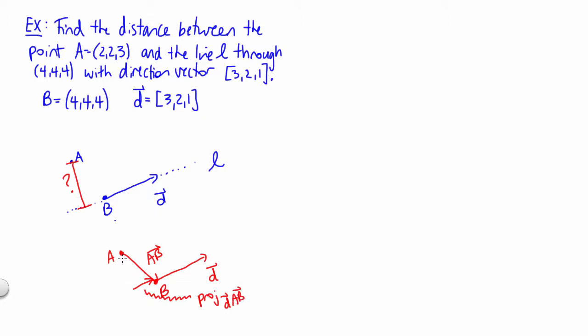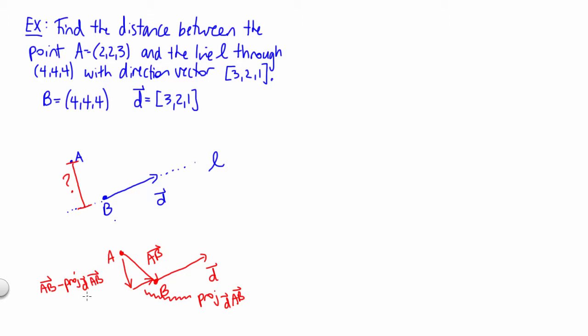And we've also got this vector here which travels straight down perpendicular to L. This vector here, which we've just drawn, is AB minus the projection onto D of AB.